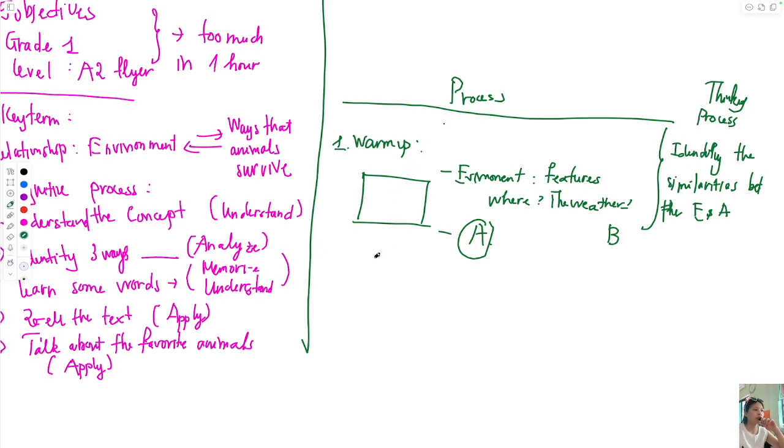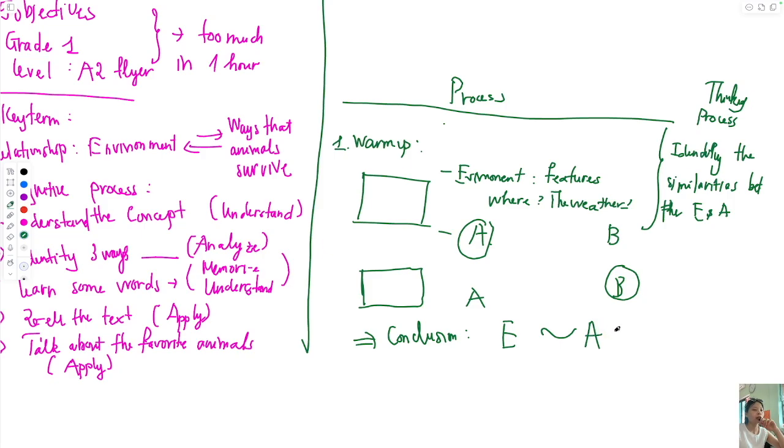And to make sure, I can give a second example to let them practice making that connection again. And for this one, they can choose B. And the last one, when they have done, I will ask a question for them to make the conclusion that yes, there is a connection between the environment and the animals.